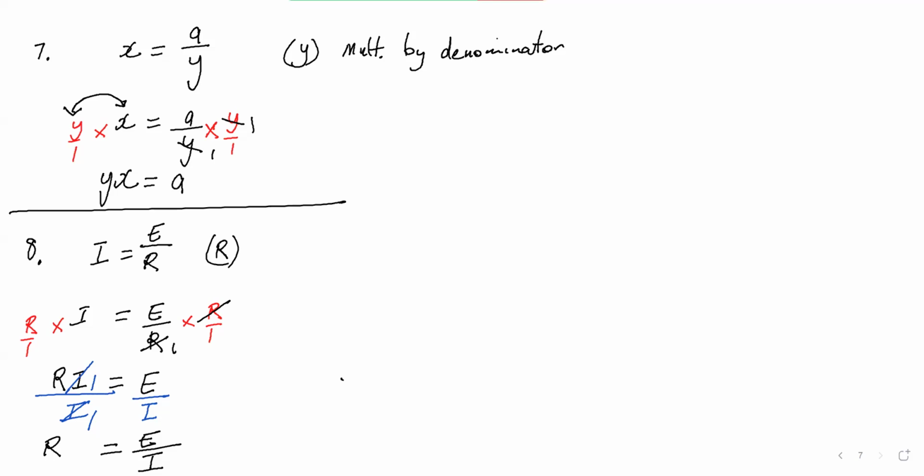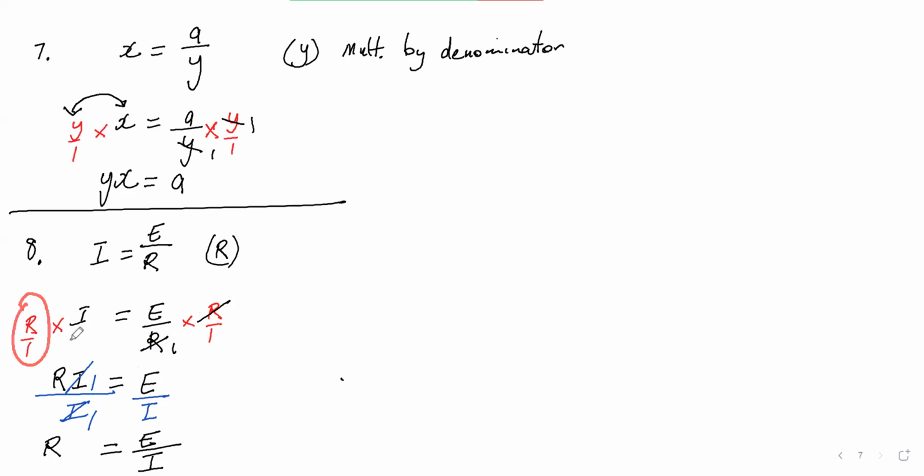Destiny, what happened is that I multiplied first by R to remove the fraction, right? Once you multiply by R, the R's will cancel, as you see here. So I cancel the R's out here, so I'm only left with E. But when I multiply, I have to multiply on this side, and I have to multiply by this side.